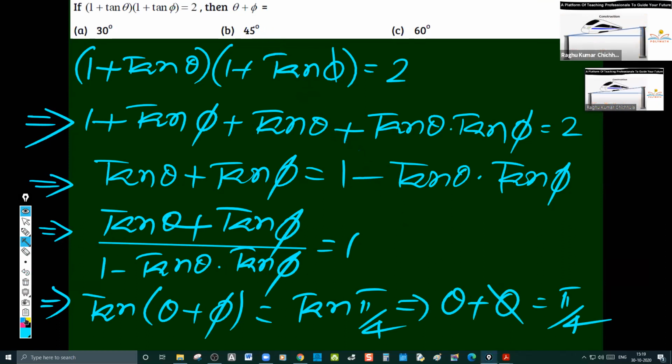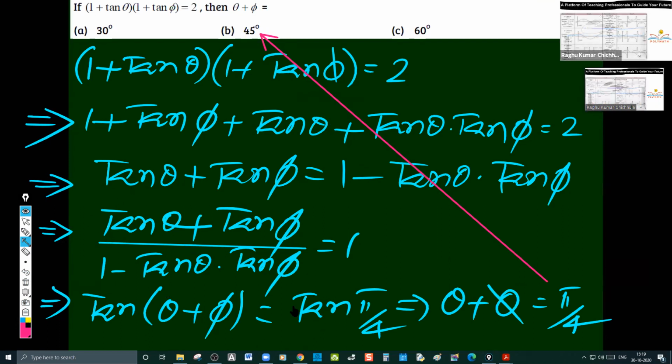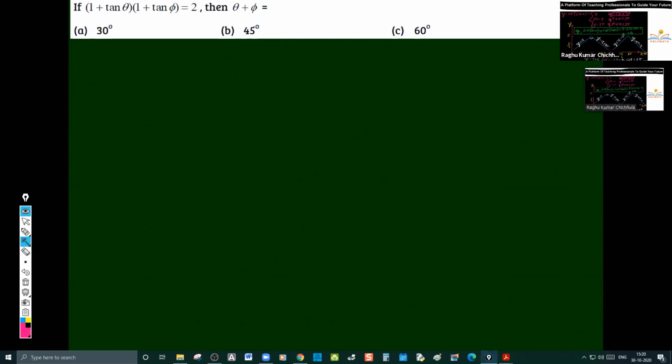Hope you understand that. Yes, sir. It is just a straight simplification without any confusion. But the only idea you have to get here is that the RHS must be brought to the denominator of the LHS. And one reminds that 1 can be written as tan 45. Done.